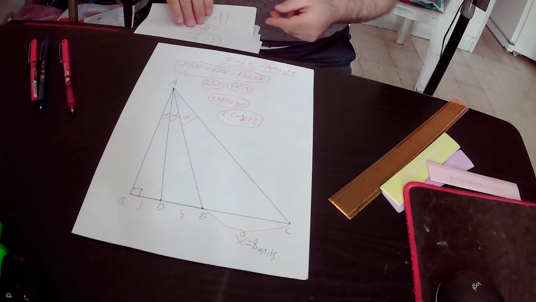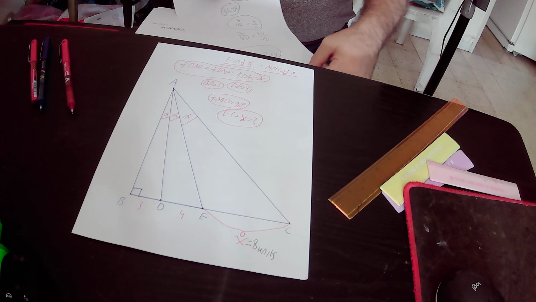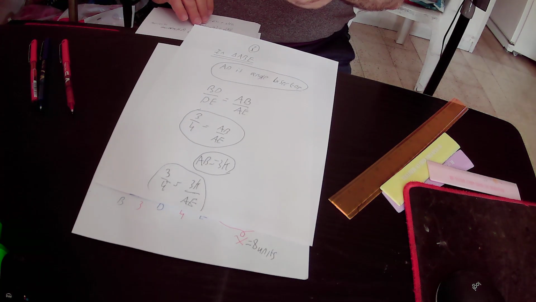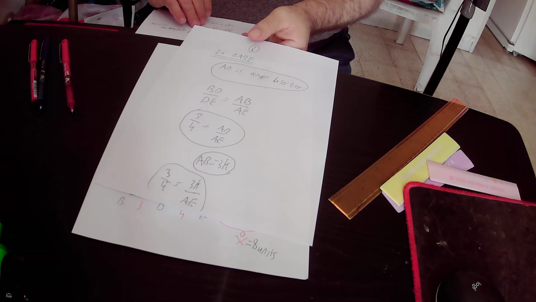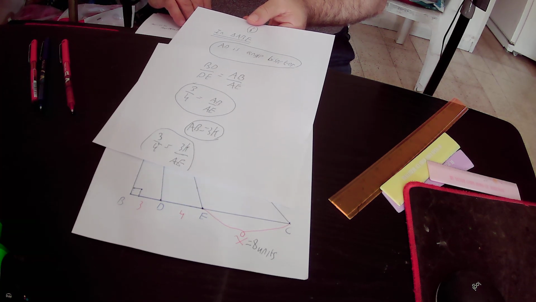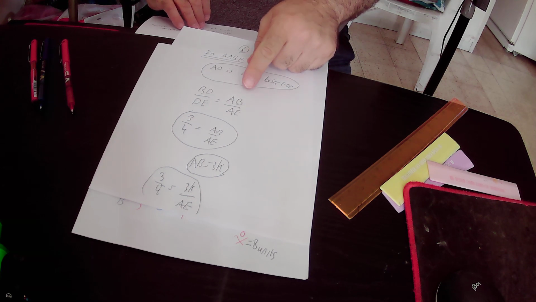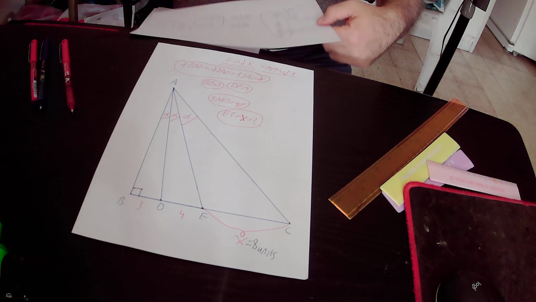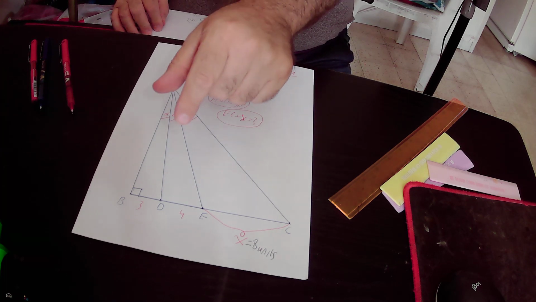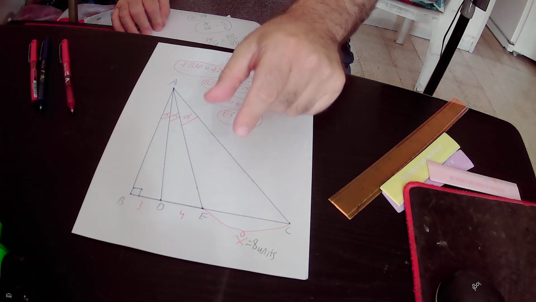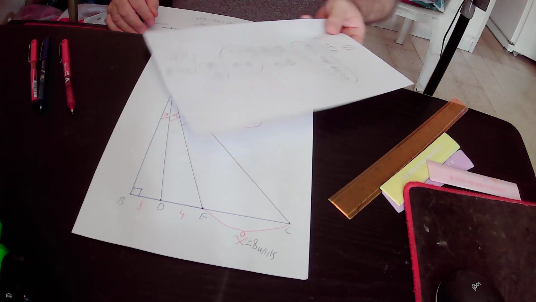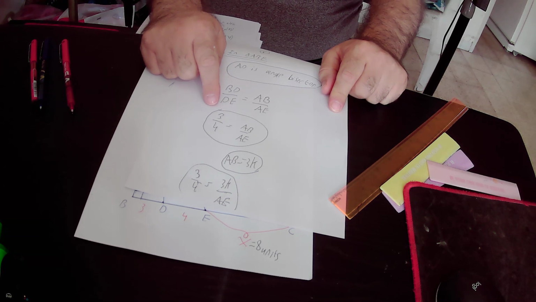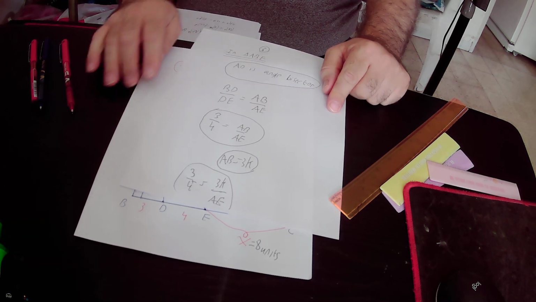Okay, so BD over DE, that is the ratio in which angle bisector AD divides BE, and that ratio equals the ratio between the angle legs, that is AB over AE. Okay, but what is the value of BD? BD equals 3 and DE equals 4. So we got that AB over AE equals 3 over 4.